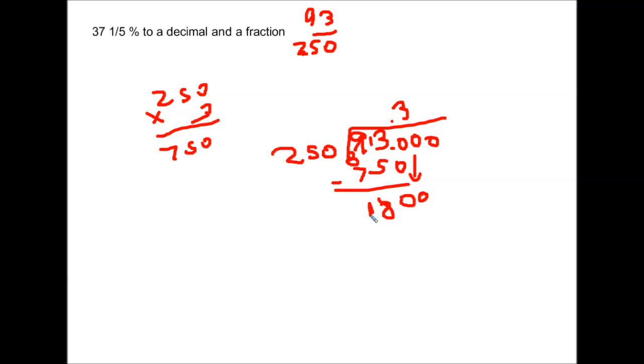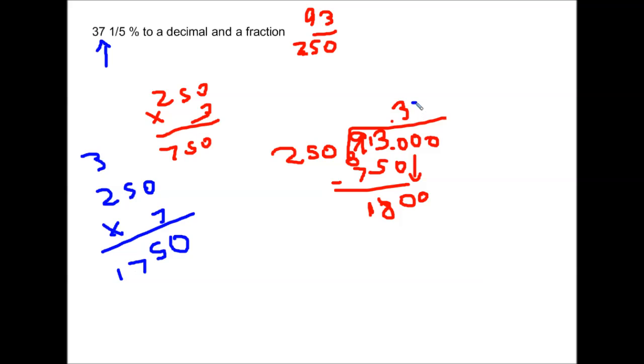So how many times does 250 go into 1,800? I'm going to take a guess and say it's probably 7. 250 times 7. 7 times 0 is 0. 7 times 5 is 35. 7 times 2 is 14, plus 3 is 17.